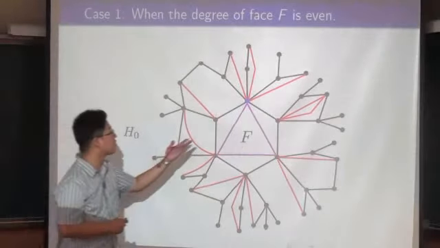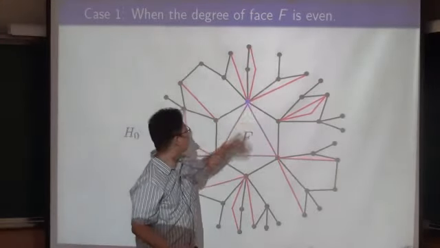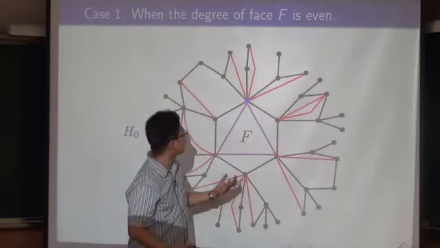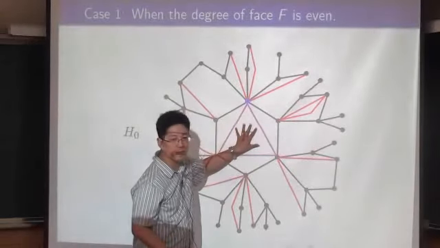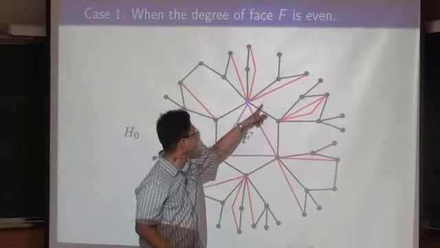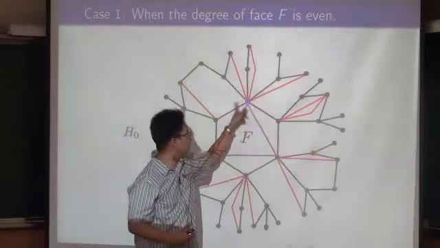In general, this is true. If the degree of this vertex is d, then there are d faces adjacent to this vertex. So except for this face f, there are d minus 1 faces adjacent to this vertex, right?